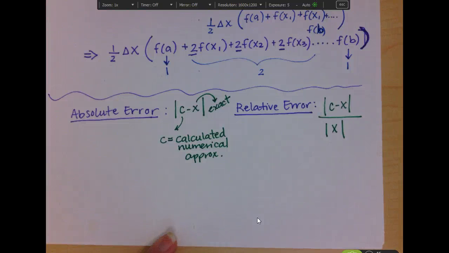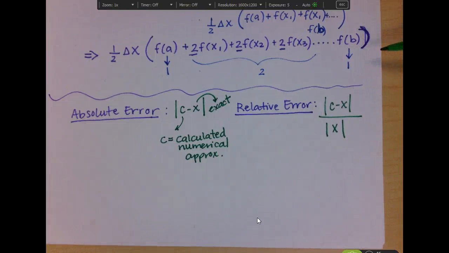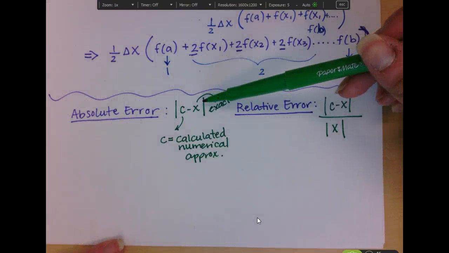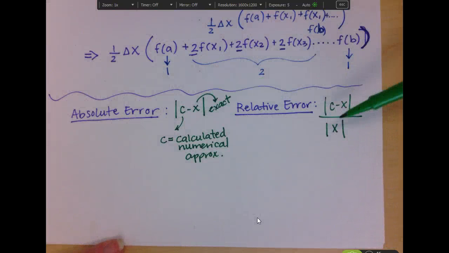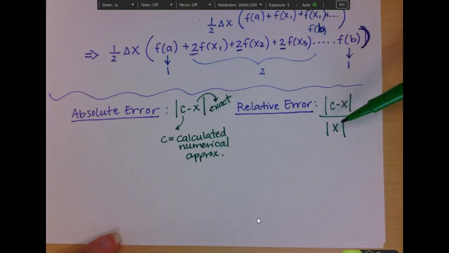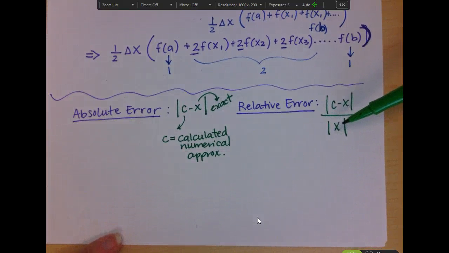But then let's say I do a trapezoid rule and I get an answer of 10. Well, I'm only 9 units away from the answer, so my absolute error would be 9. But relatively speaking, that's a lot compared to what the actual answer is. You're actually 10 times larger in your approximation than in your actual answer.